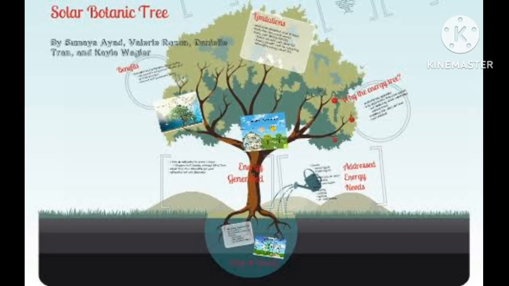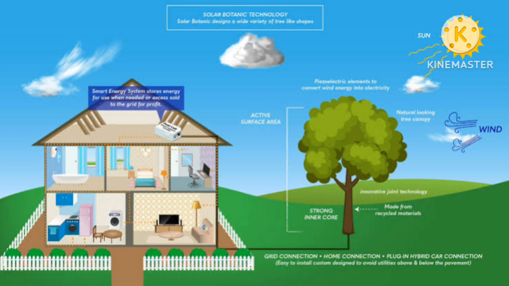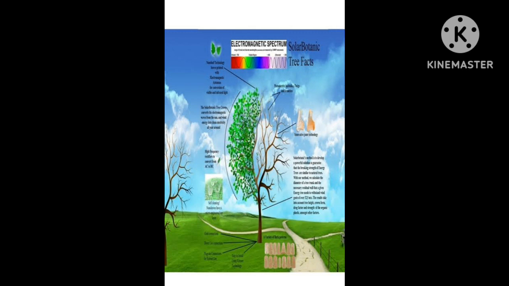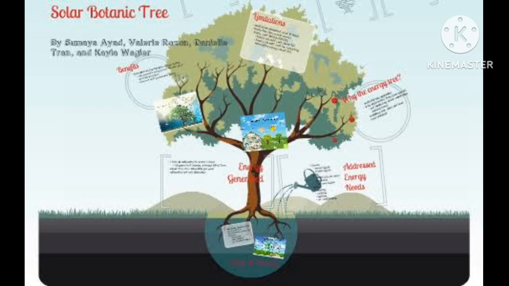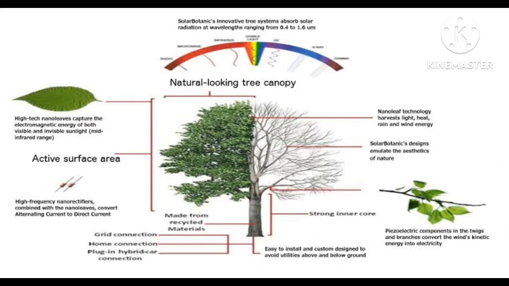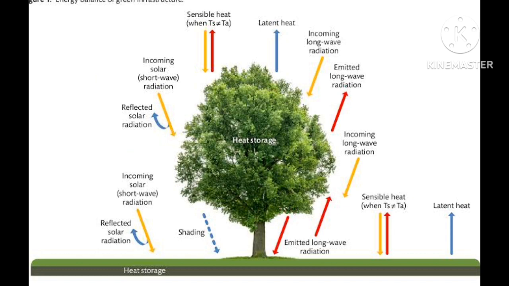Regarding the advantages and disadvantages of solar trees: the advantages are that there is no pollution, it is eco-friendly, and a large amount of power is generated through the solar power plant. The disadvantages are that it may affect eyesight due to the reflectors used in the tree, and it is dangerous for birds and insects.